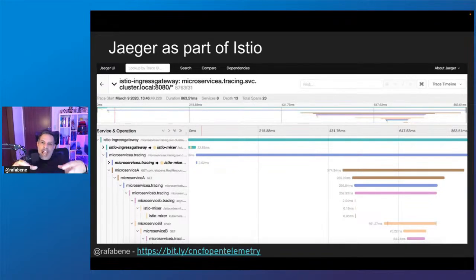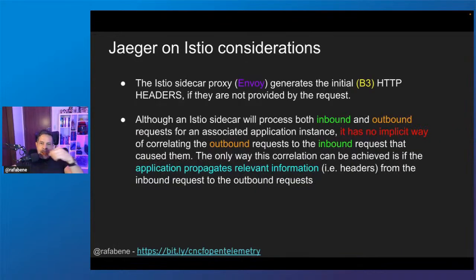If you use a Service Mesh, if you use Istio on Kubernetes or OpenShift, for example, we will have Jaeger. But there are some things that we need to understand. The Istio sidecar proxy, which uses Envoy, generates initial B3 headers. So we need to configure our OpenTelemetry protocol to propagate data using B3 headers.